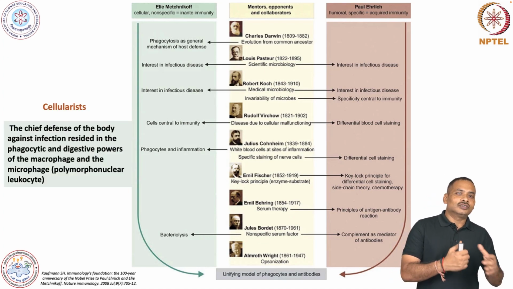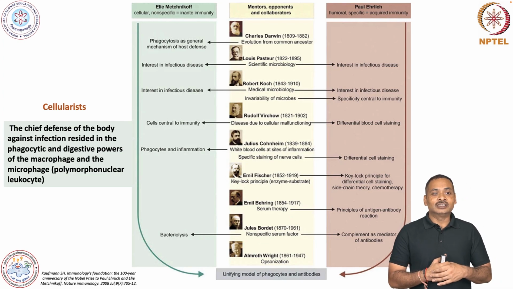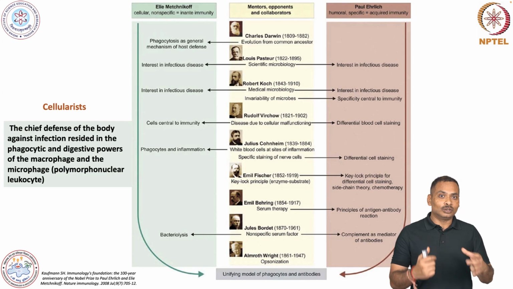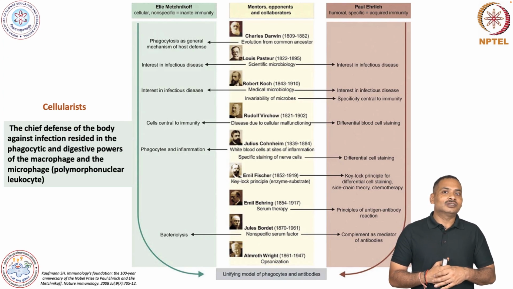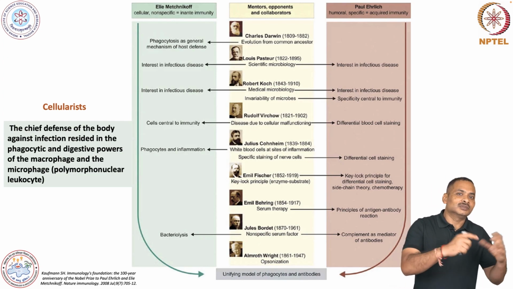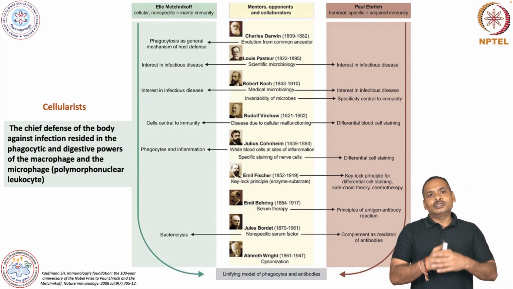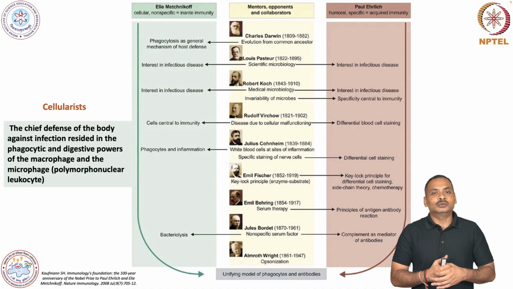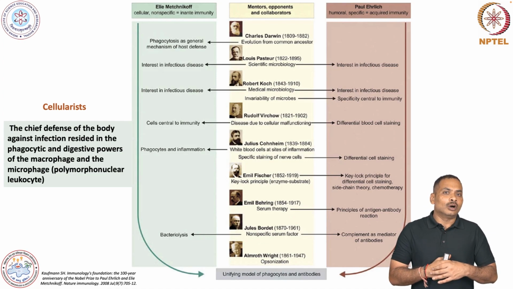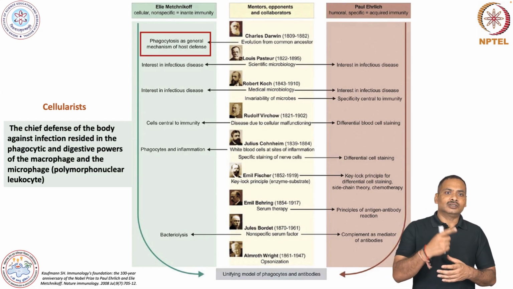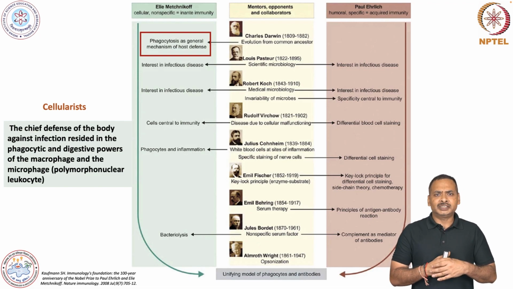One school of thought we call the cellularists. Cellularists means all those scientists who believe that there is some cellular component, and this observation was given by Emil Mechnikov. Here you can see Emil Mechnikov on top.